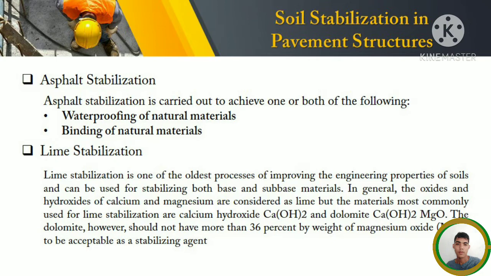In general, the oxides and hydroxides of calcium and magnesium are considered as lime, but the materials most commonly used for lime stabilization are calcium hydroxide and dolomite. However, we need to take note that the dolomite should not have more than 36% by weight of magnesium oxide to be acceptable as a stabilizing agent.